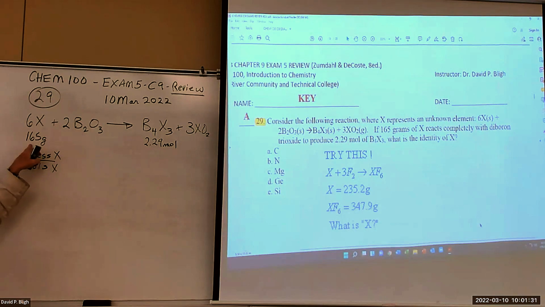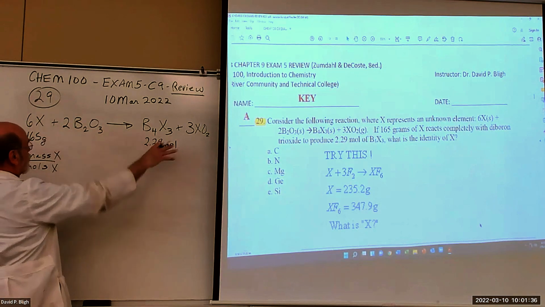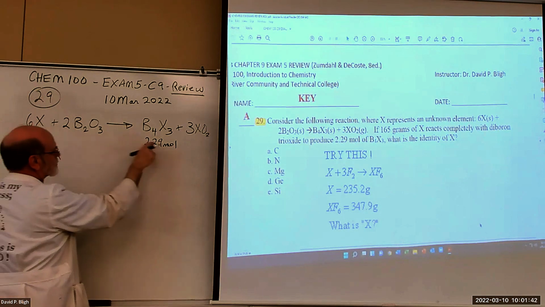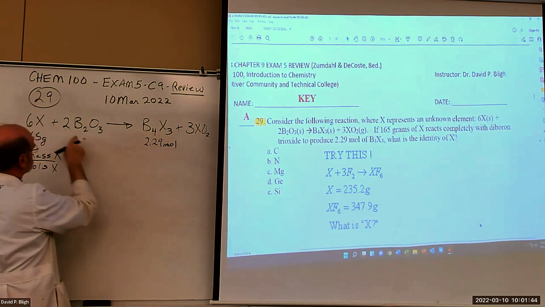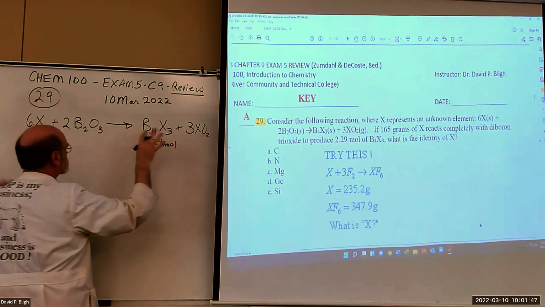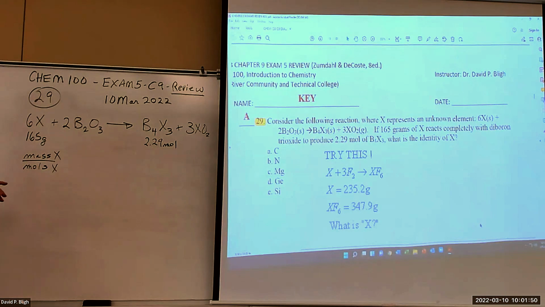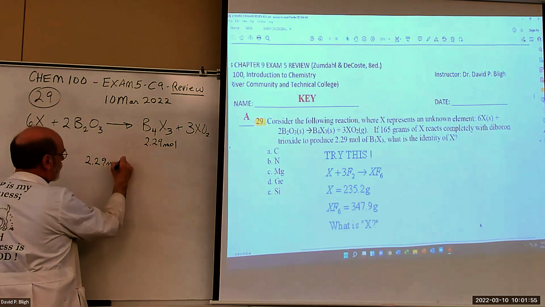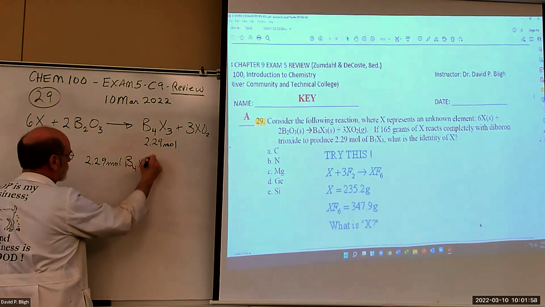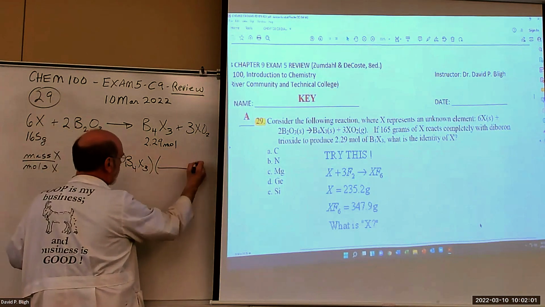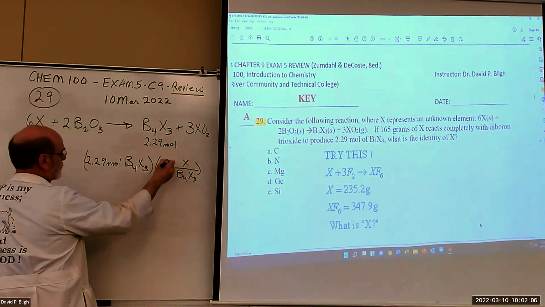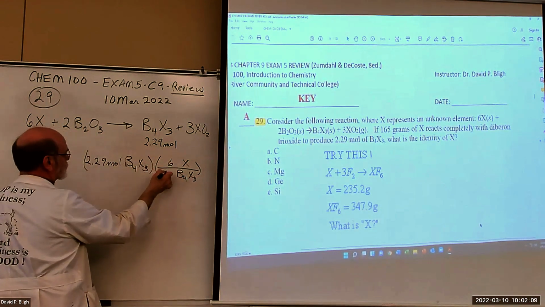We have the mass. What we need is the moles. So if this is a balanced equation, and it appears to be, 2 boron, 2 boron, 6X, 3 plus 3 is 6X, 6 oxygens, it's balanced. So what we can do is say, if we know this, 2.29 moles of B4X3, we can convert that to moles of X. That's 6, that's 1.